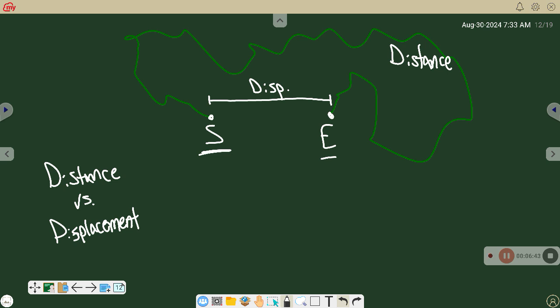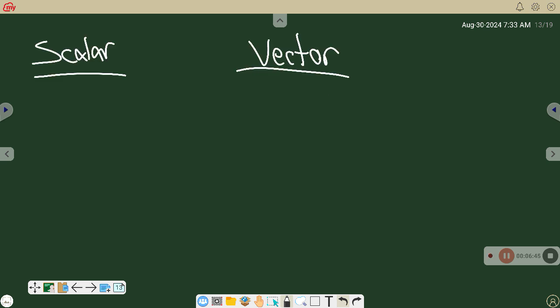All right. Now, in order to keep talking about displacement, we got to talk about a couple special types of mathematic quantities, because you see, displacement is what's called a vector quantity, and so are velocity and acceleration. They're all vector quantities. So let's talk about what a vector is and how it's different from something called a scalar. Maybe you've seen Despicable Me.